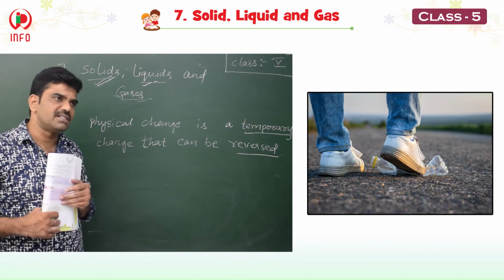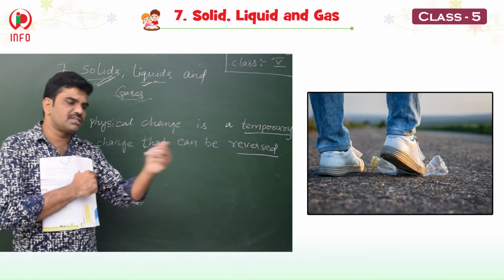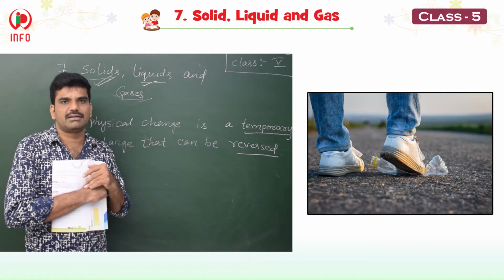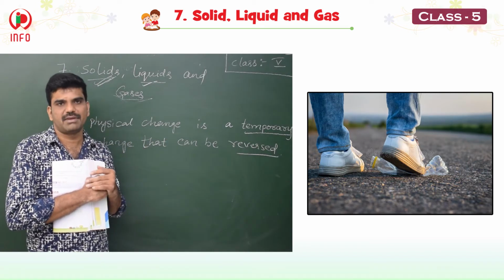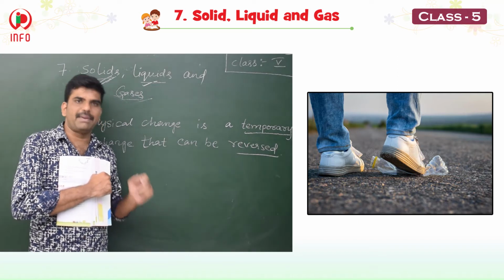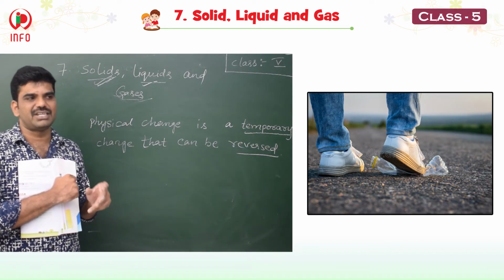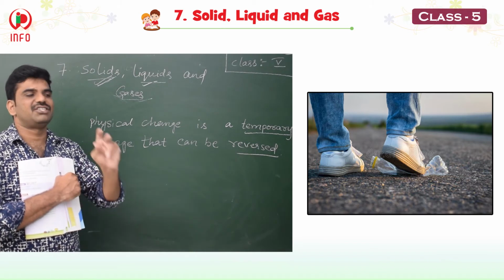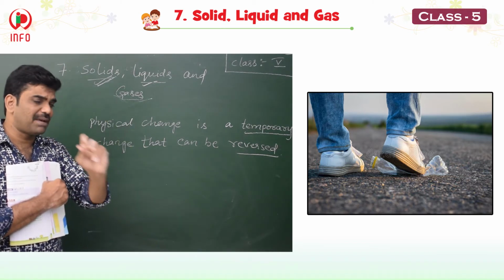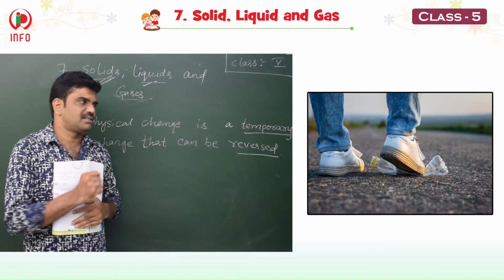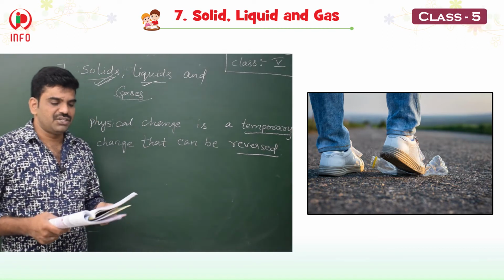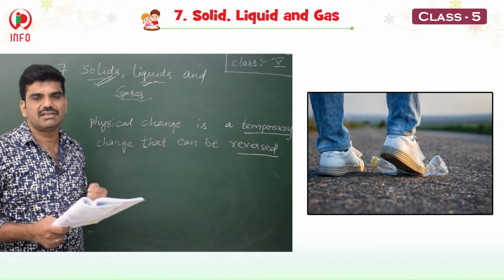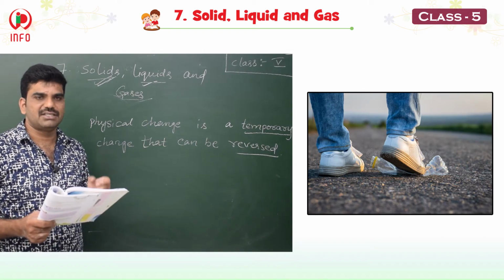Obviously, before you step on it, the bottle is in one shape. And by stepping on the bottle and crushing it, you can observe the change in the shape of the bottle. Am I right or wrong? Yes, you can observe the change in the shape of the bottle. The shape of the object has changed.